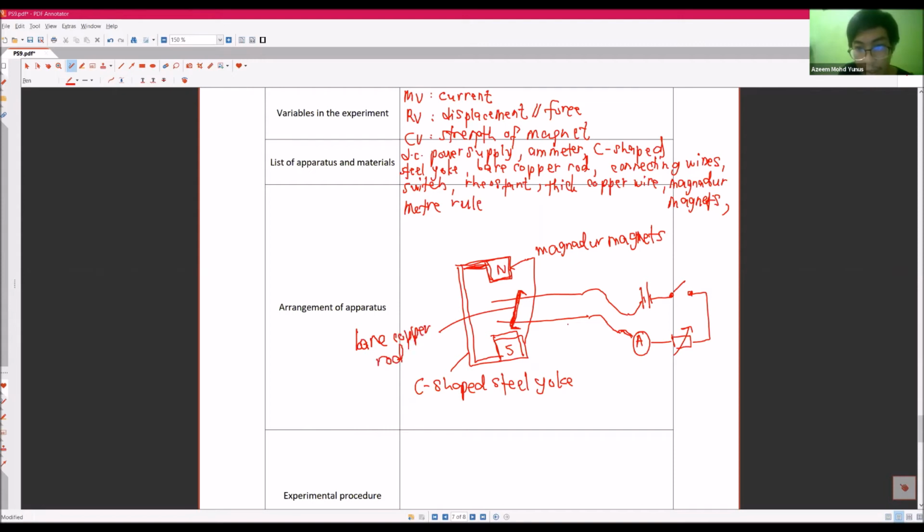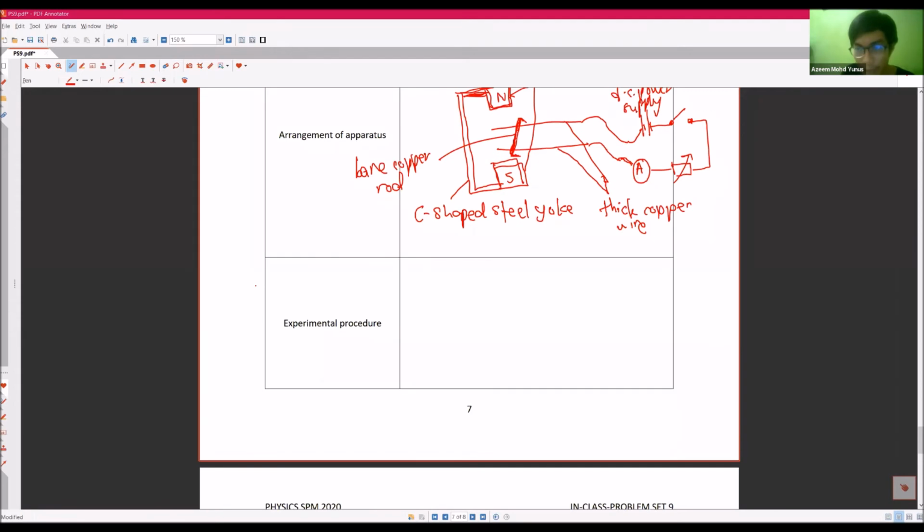These two here are thick copper wire. The rest you can either label or not, because we already know what the symbols mean. So this is the dry cell or the DC power supply. Standard symbols: this is the switch, rheostat, and ammeter.